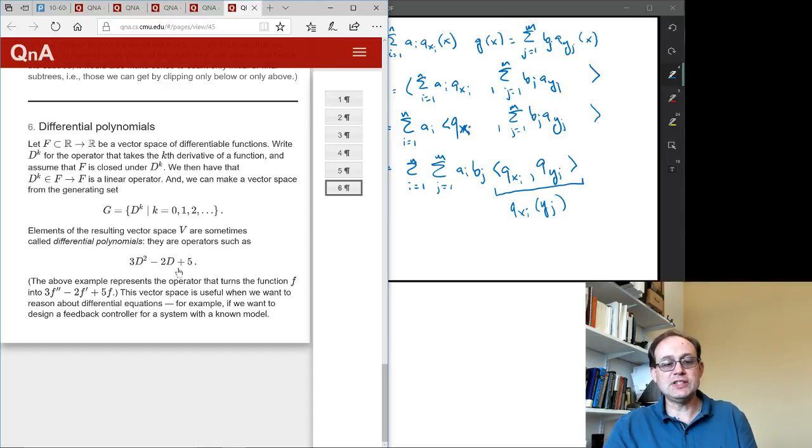For example, this differential polynomial turns the function f into 3 times the second derivative of f minus 2 times the first derivative of f plus 5f. This vector space turns out to be useful for reasoning about differential equations, for example, if we want to design a feedback controller for a known system.